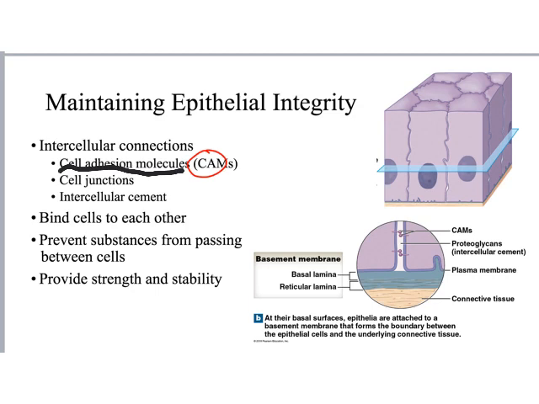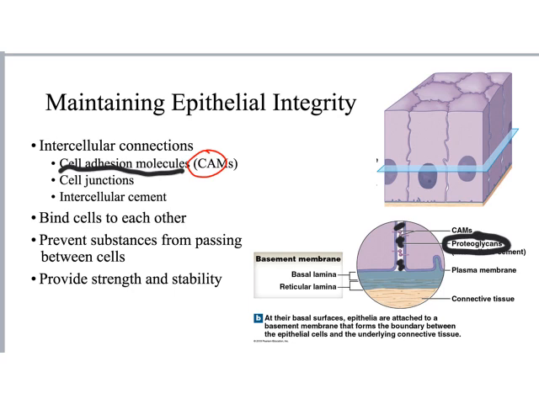And those are usually also made by different proteins that attach from one cell to another. And there's also some intercellular cement. It's this combination of sugar and protein mixed together that we call proteoglycans, and it fills the space in between the cells so that those cells are more tightly bound together.